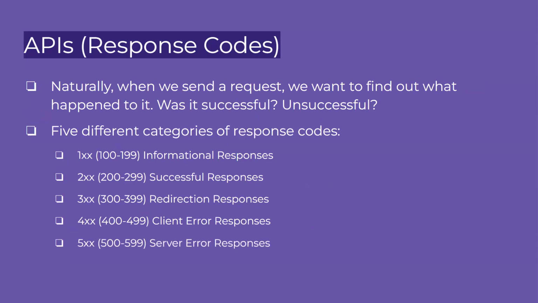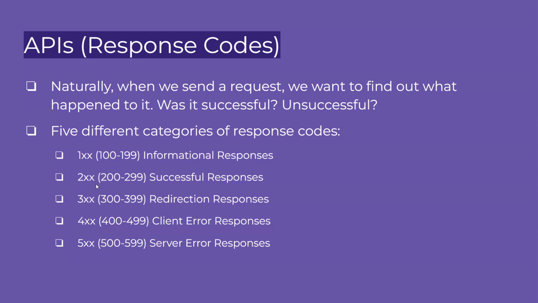I see a question here. What is the 2xx, 4xx? Those are just numbers I put to represent a category of responses. If we send a request to a server and the request is successful, we will get a status code to represent that as being successful, in the range of 200 to 299.